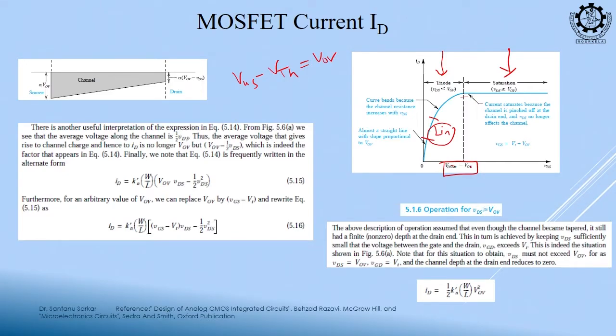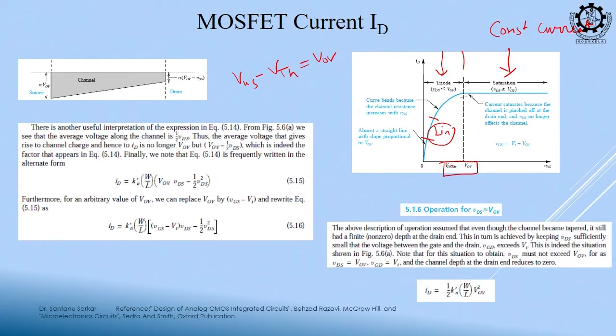So, this is the junction where the MOS enters into the saturation region. In the saturation region it is behaving like a constant current source, right? You see, current is constant. Okay. So, this is the current and VDS plot.